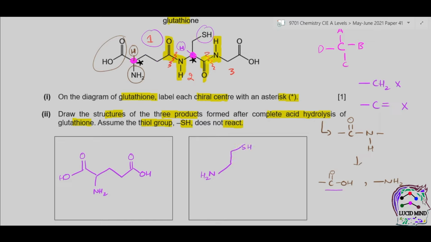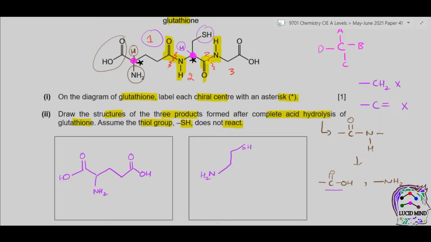Now third part will be COOH, CH2, NH2. So we have C double bond O OH, then CH2, then NH2.